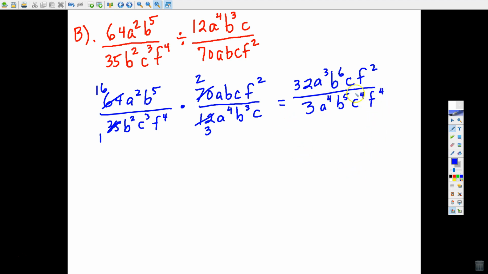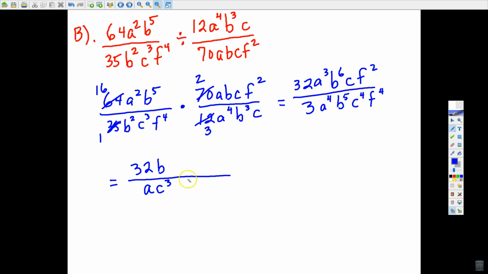And now let's put these like variables together using that division property of exponents. Still going to be 32 in the numerator. The a variable is just going to become a to the first in the denominator. The b variable is going to be b to the first in the numerator. For c, we're going to have c to the third in the denominator.